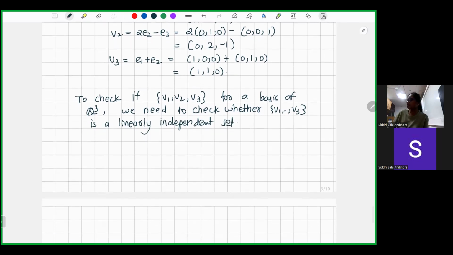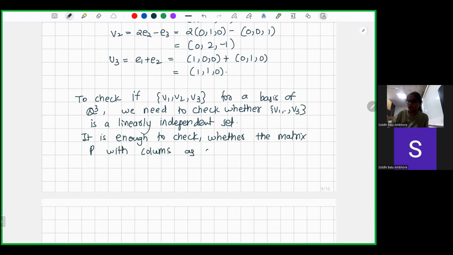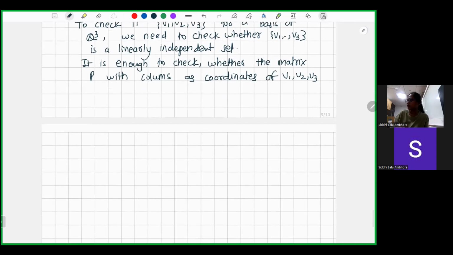Okay, so it is enough to check whether the matrix P with columns as coordinates of V1, V2, V3 is invertible or not.